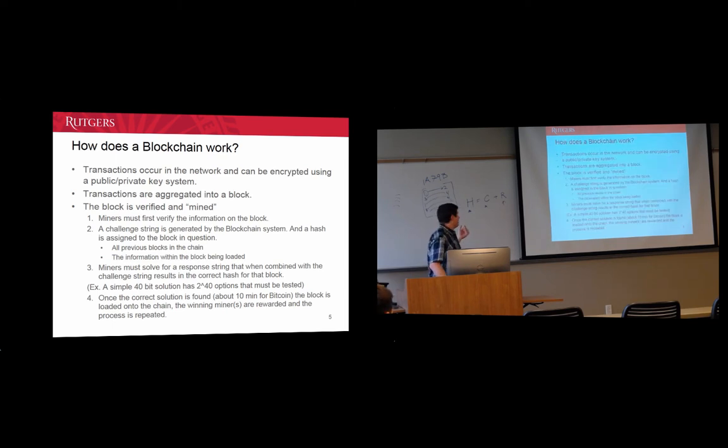So anyway, this is how the blocks get mined, and this is important because of this idea of a 51% attack, which I will go over now. So the point is, you have all the data on this block, right? You have one block here, and then you have another block here, and you have another block here, and this just keeps going, right? And so that's why it's called a chain. It's a chain of blocks.